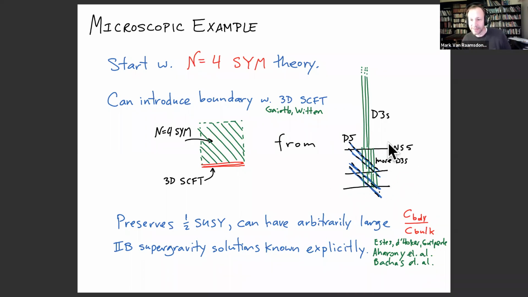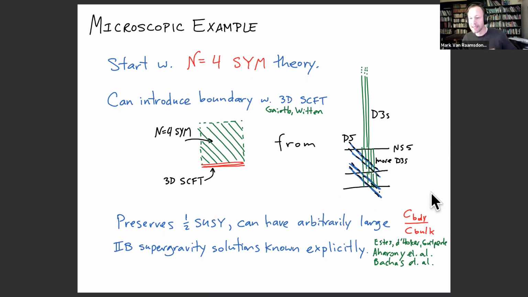And then in this configuration, we can add more D3 branes of some finite extent in this vertical direction that start and end on different 5-branes. By controlling the number of these extra D3 branes, we can get as many degrees of freedom as we want on the boundary.